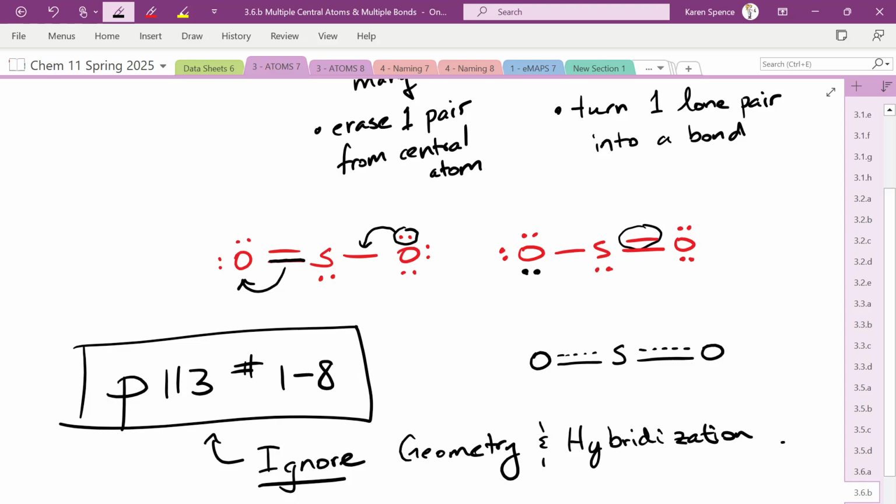Okay, but aluminum, we would erase a pair from aluminum, but then we'd be like, oh, aluminum only needs 6, so I would not turn that into a double bond. Okay? That's it.